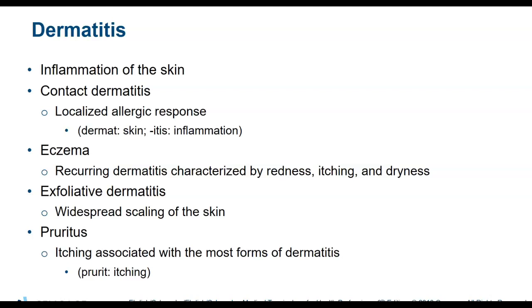Eczema is a recurring dermatitis that has redness, itching, and drying. Exfoliative dermatitis is a large, widespread scaling of the skin. And they actually have some pictures in your textbooks of psoriasis as well as contact dermatitis caused by poison ivy.